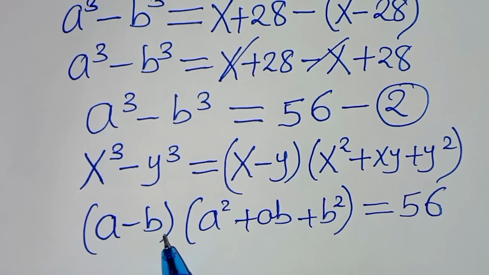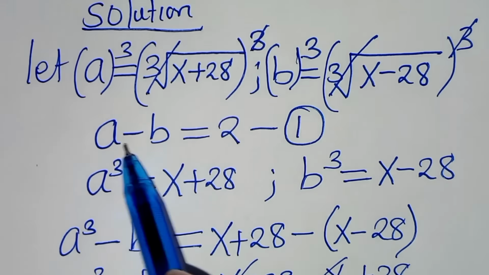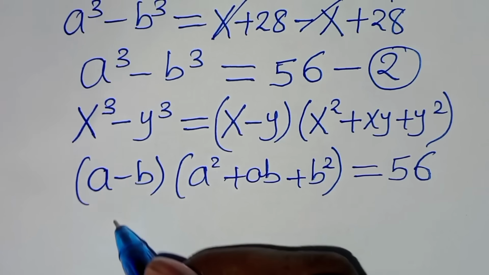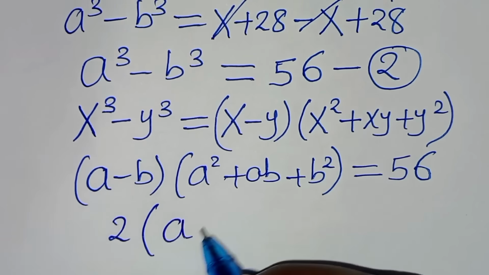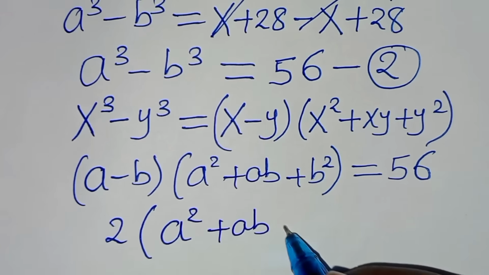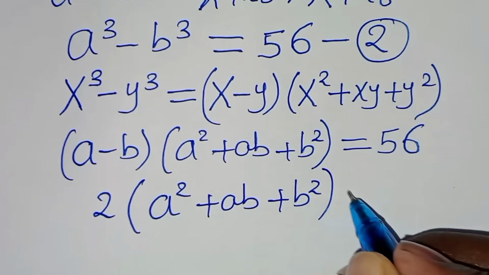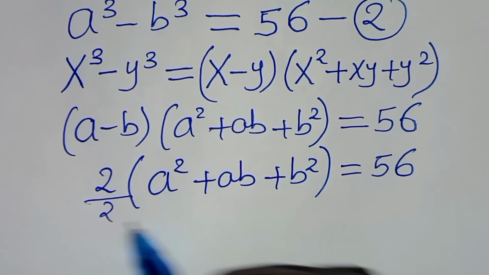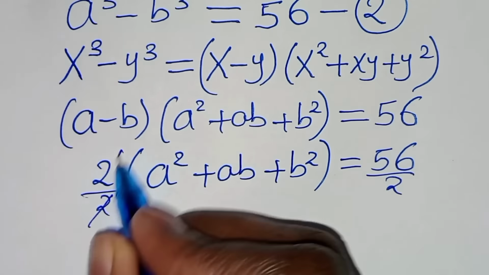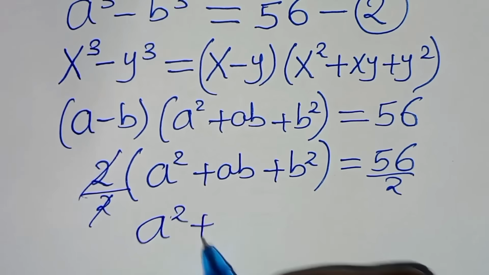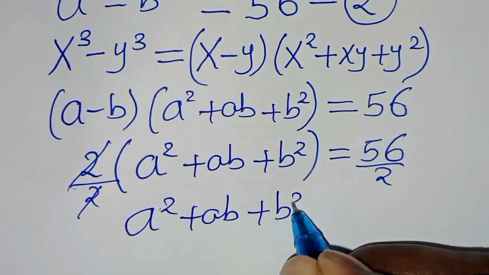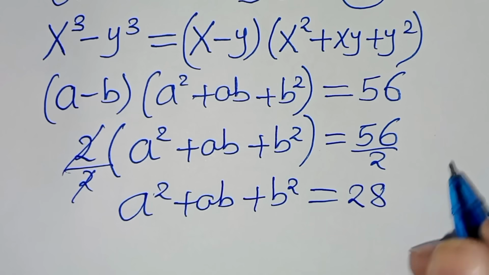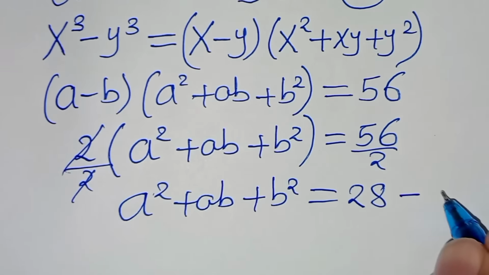We have that a minus b is equal to 2 from equation 1. So let's substitute: 2 multiplied by a squared plus ab plus b squared is equal to 56. Dividing both sides by 2, a squared plus ab plus b squared is equal to 56 divided by 2, which is 28. Let's call this equation 3.